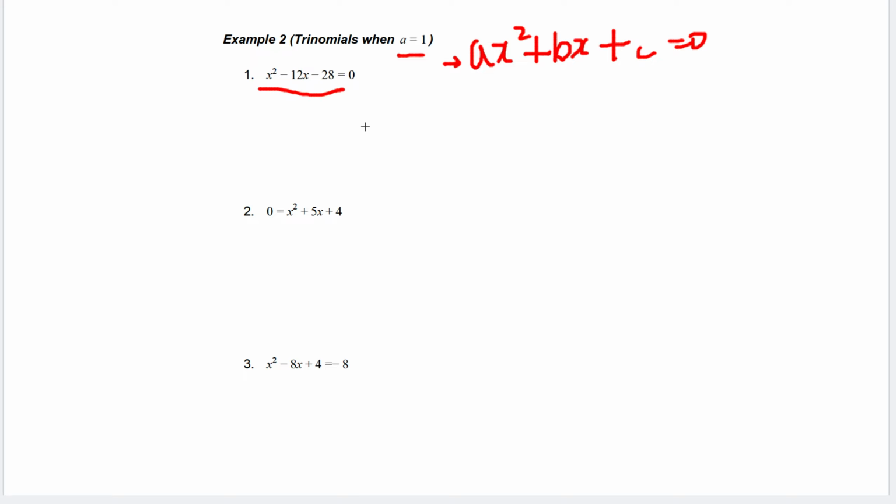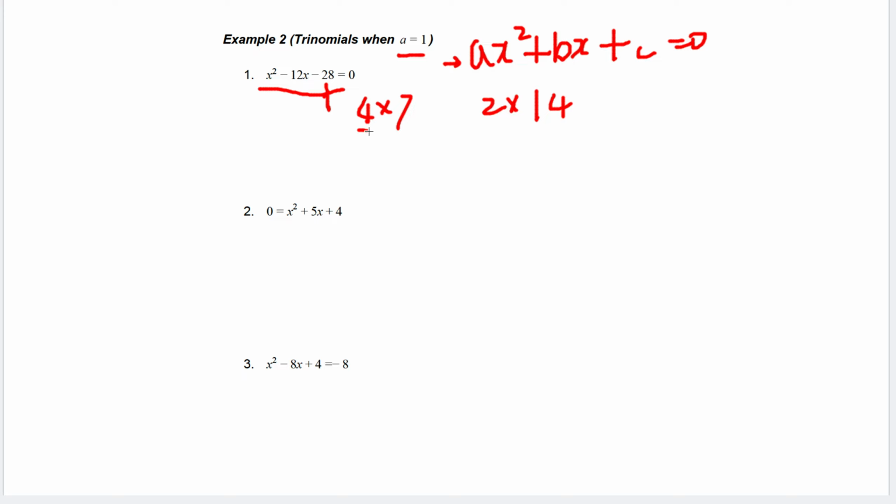So now we take the first one. We first need to consider 28, right? How can we get the factors? We can choose 4 times 7, or we can choose 2 times 14.